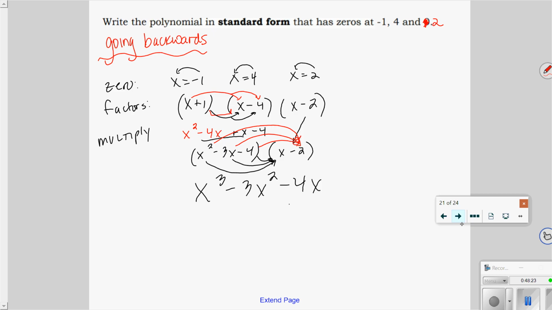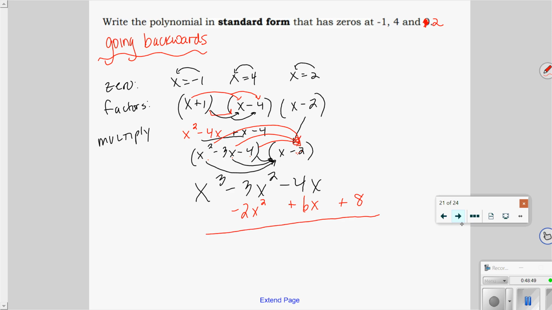I like to stack them and line them up as I go. x squared times -2 is -2x squared, right underneath x squared. -3 times -2 is positive 6. -4 times -2 is positive 8.